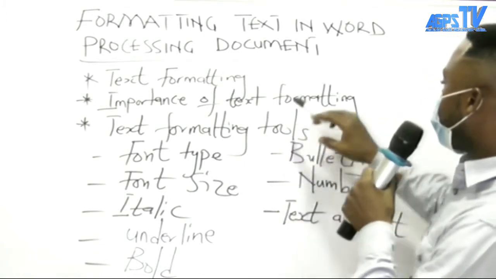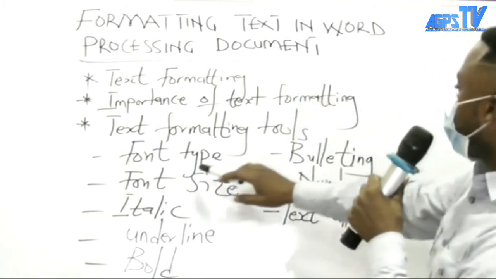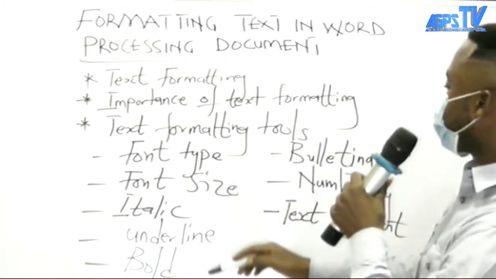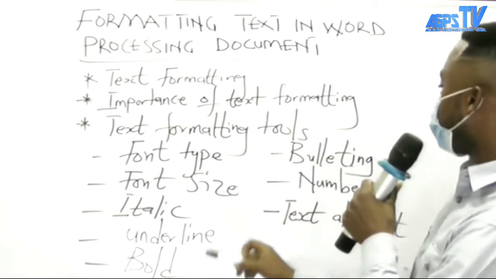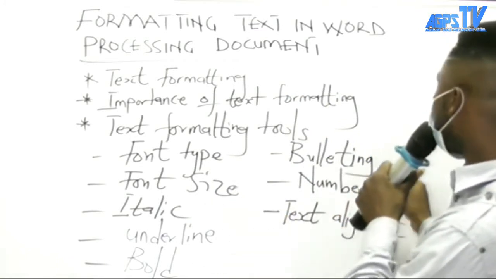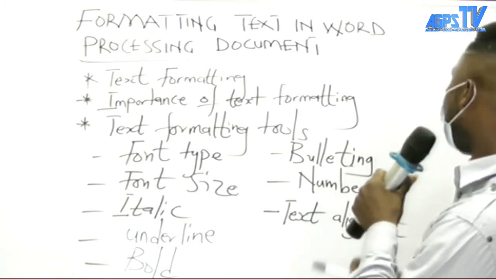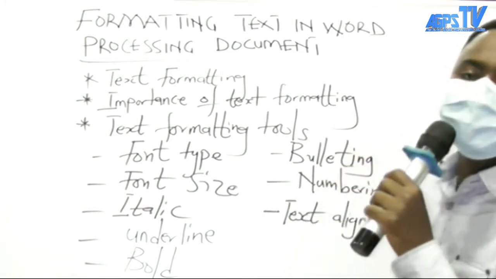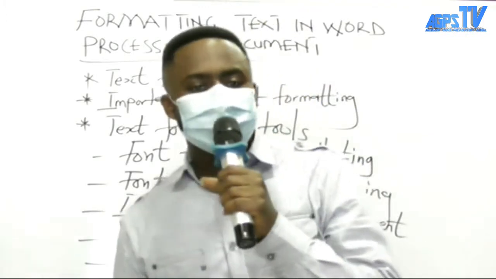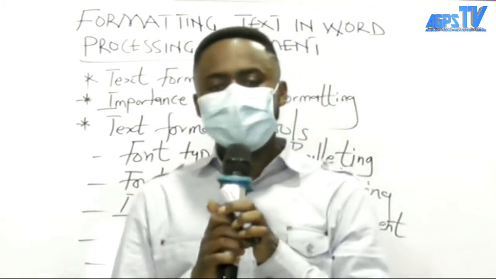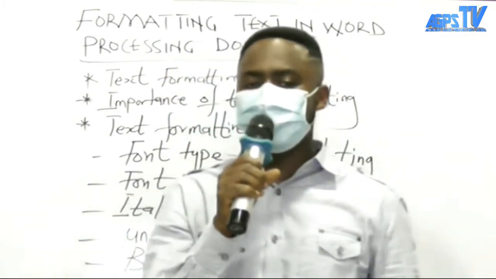Under that, we'll talk about font type, font size, italic, underline, bold, bullets, numbering, and text alignment. So without wasting much time, let's take a look at what text formatting means.